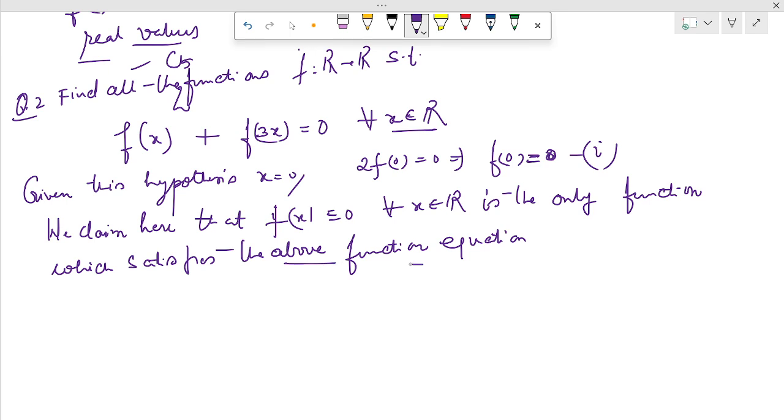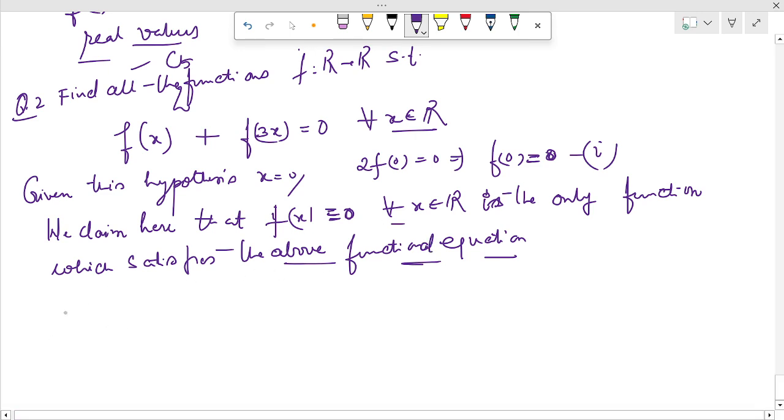We are claiming that f(x) being identically 0 for all x belongs to R is the only function which satisfies the above functional equation. Let's see how. What is given to us is that f(3x) is equal to minus f(x). And if I see from here, f(x) will be equal to minus f(x/3).